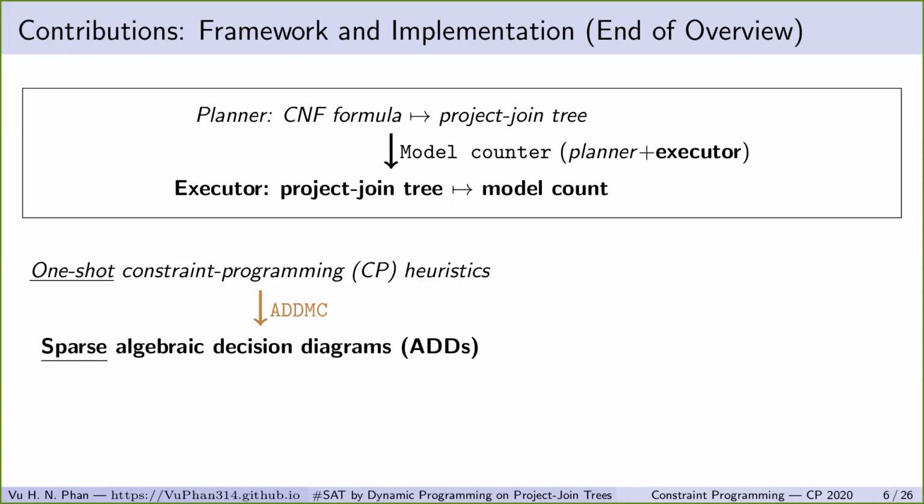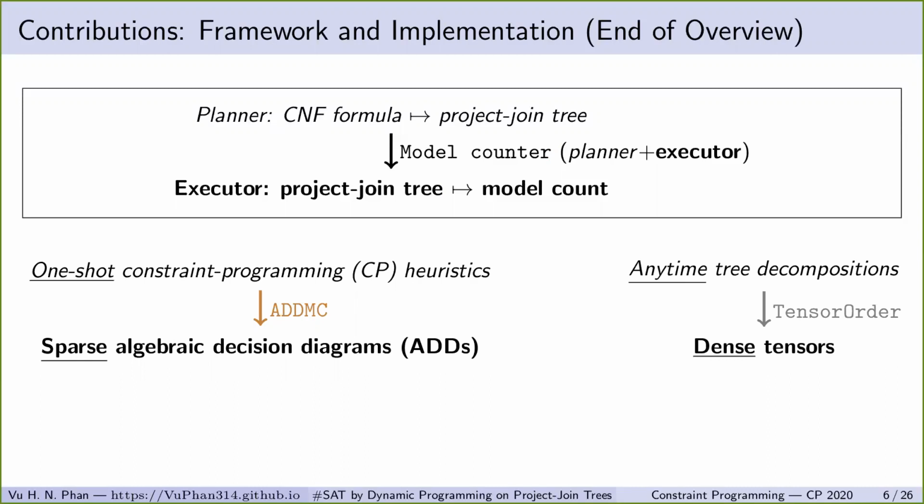For example, we deconstruct DPMC, an existing model counter, into two components: a planner that uses heuristics from constraint programming, CP, and an executor that uses algebraic decision diagrams, ADDs.